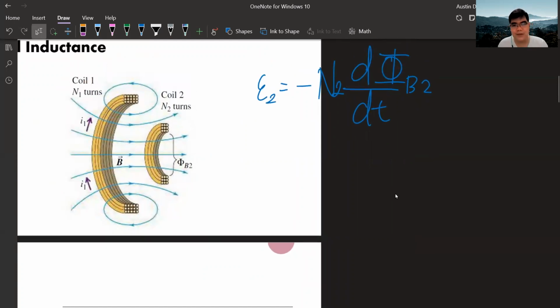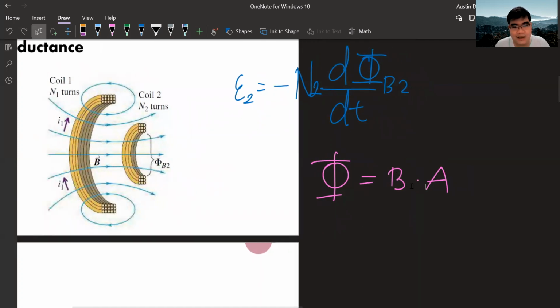Si phi, alam natin ito, is magnetic field times area, tama? So area and magnetic field yung dependence niya. Yung area ng loops natin, they won't change. So alam natin, area is constant. Therefore, B has to change if the flux has to change.